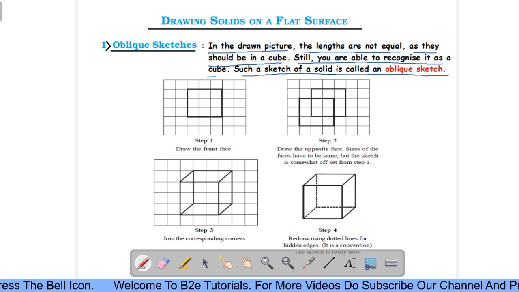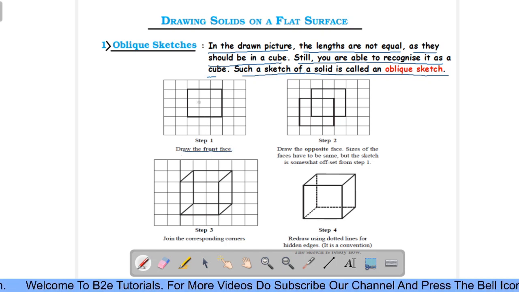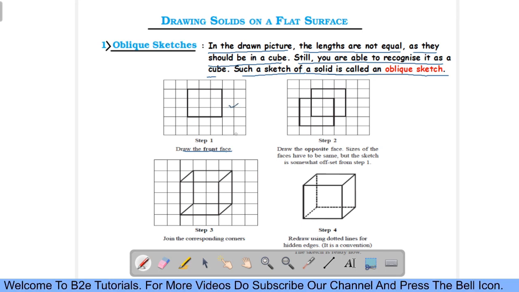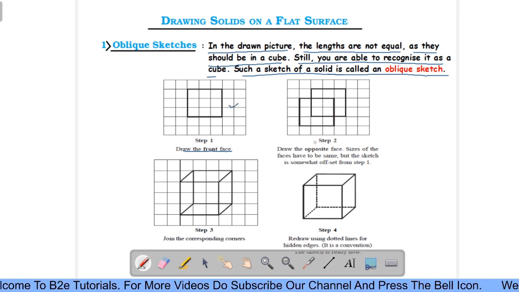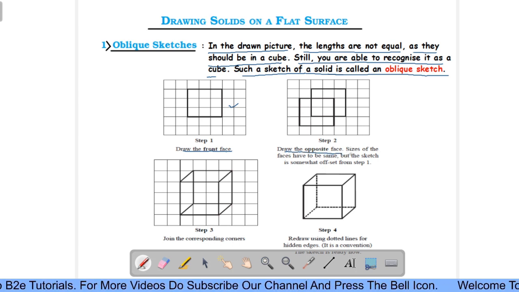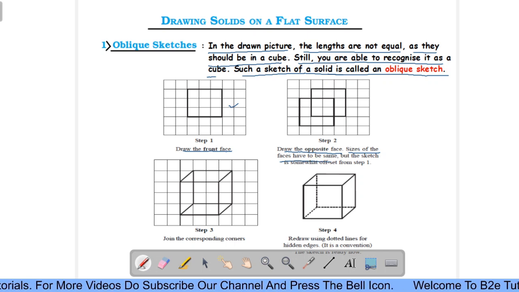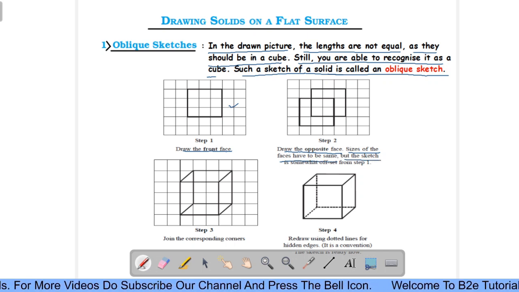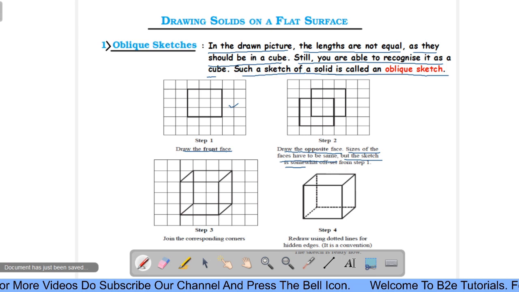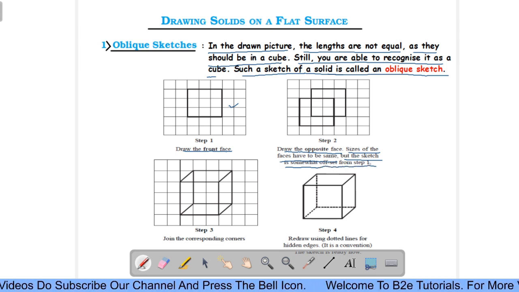Here we draw the front face like this. In the first step, draw the front face like this. Then step 2 is to draw the opposite face. The size of the face has to be the same, but the sketch is somewhat offset from step 1.